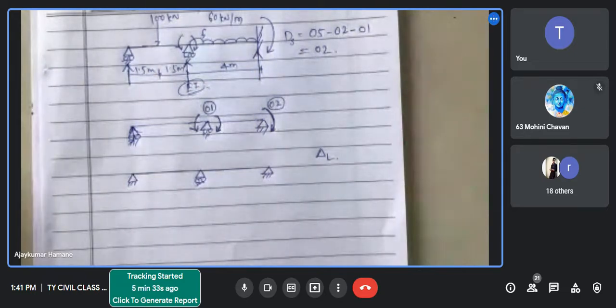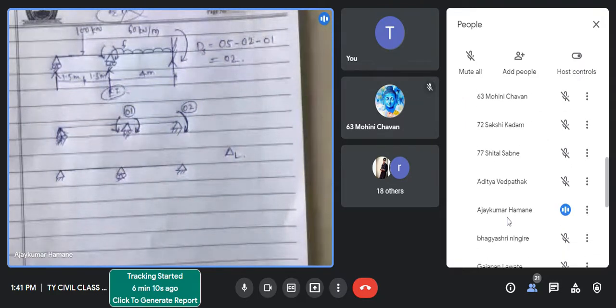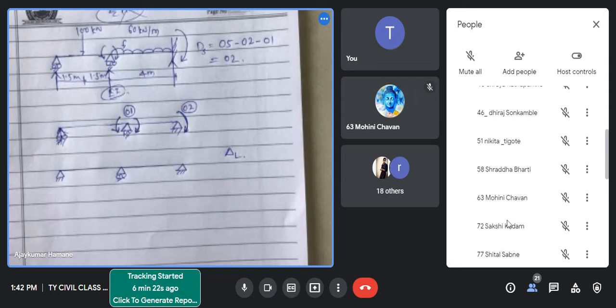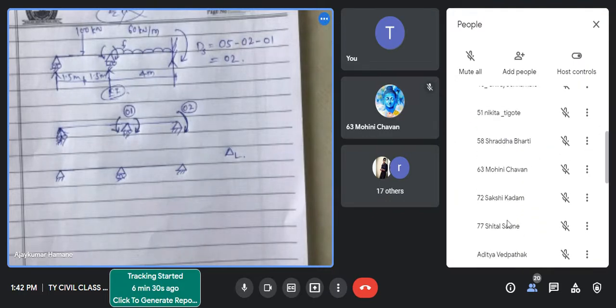Aditya, what is delta L? Pawan, Shreya, what is the delta L?